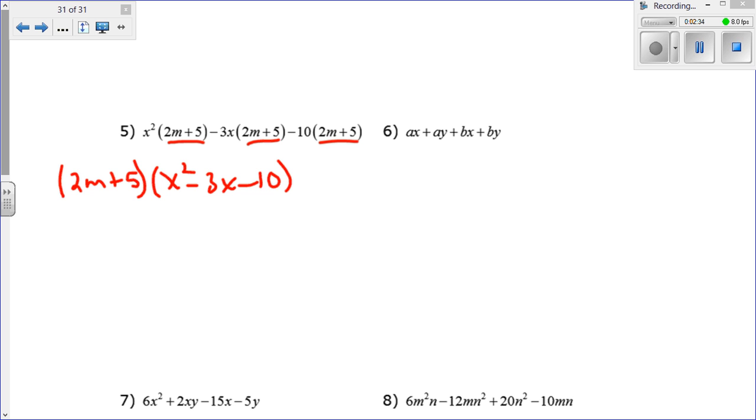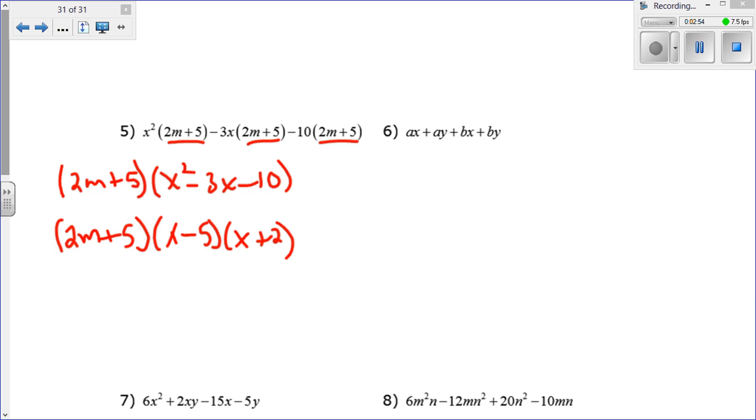Now that looks like something we can factor again, so we look to see if we can. There are factors of 10 that subtract to give me 3. So 2m plus 5 stays as it is, and this one becomes x minus 5 and x plus 2.